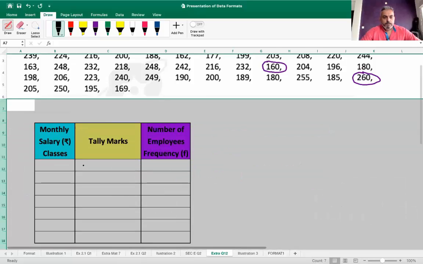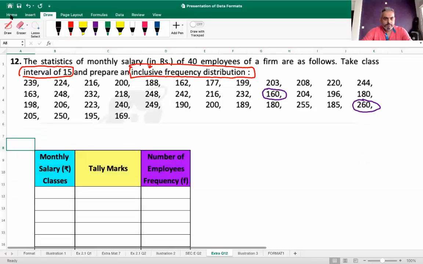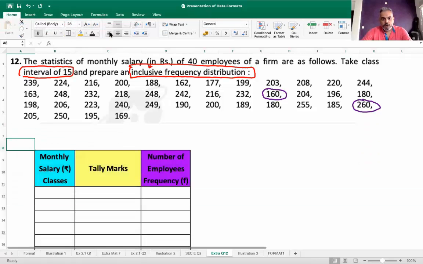Now, first of all, let's write the heading. It's very important. Don't forget in exam.